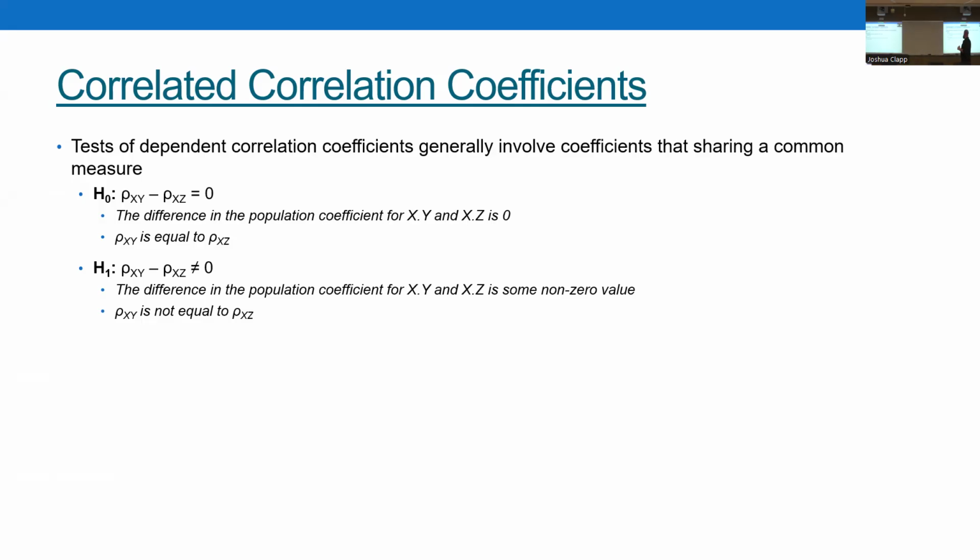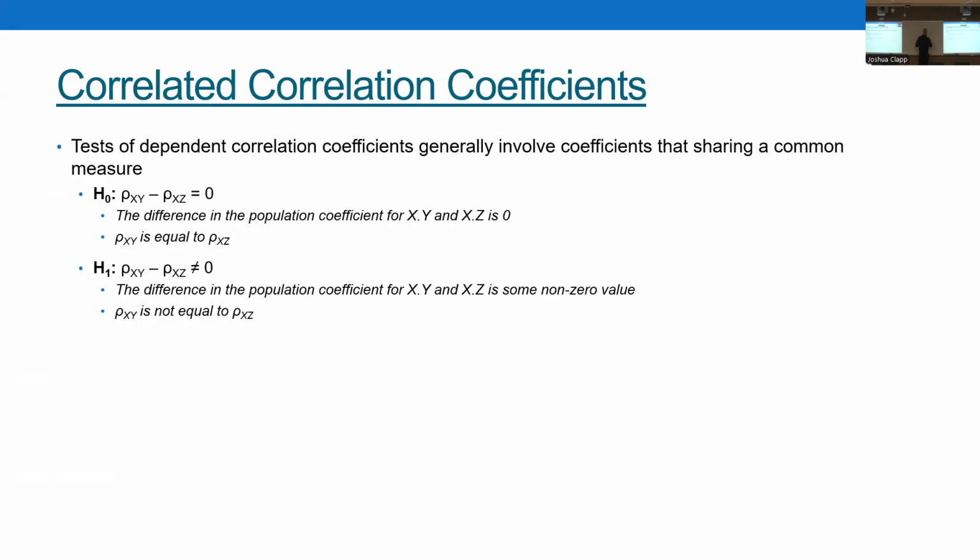And so what I'm saying within this model is that I'm looking at dependent correlations, or correlated correlation coefficients. What I've got is a system where I've got A, B, and C. Here's A, B, and C, right?